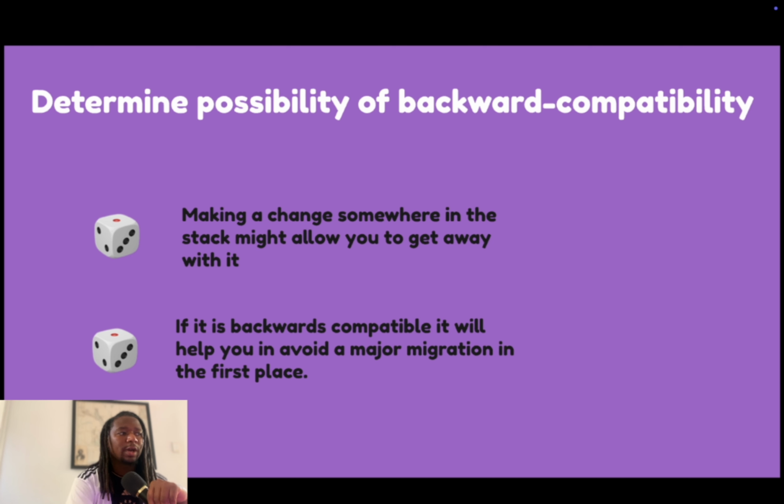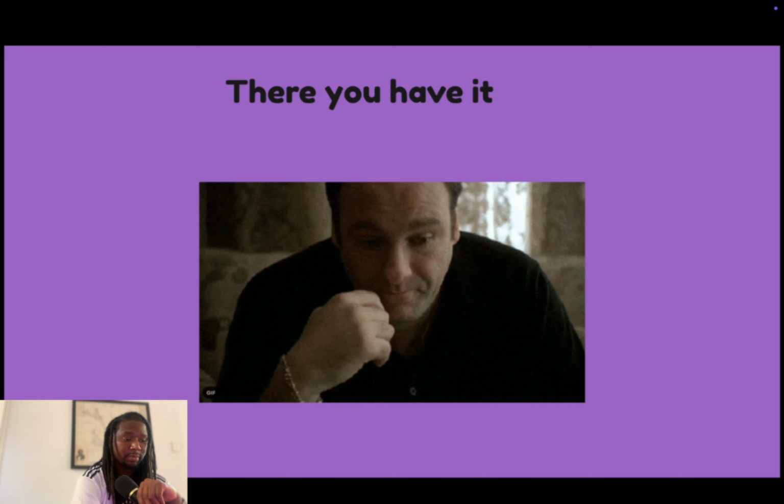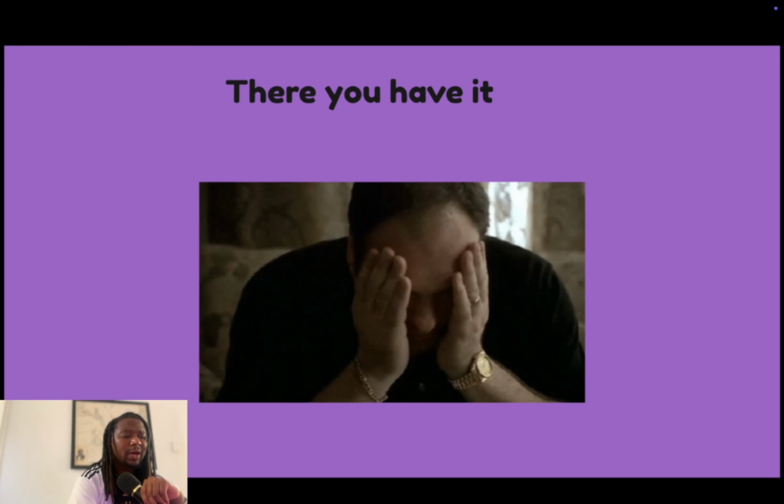If you're pumping with data by the second and you can't afford to take a risk or even spend dev time on such a problem, then determine if there's a backwards compatible change that you can make either on the server or on the front end, then poof, go for it. Cool. So there you have it.